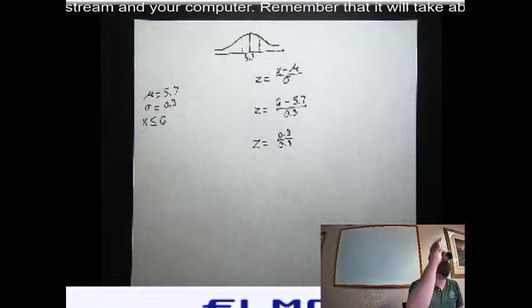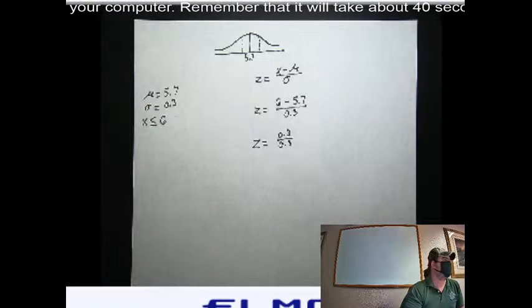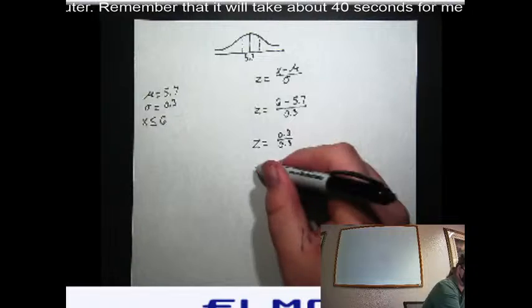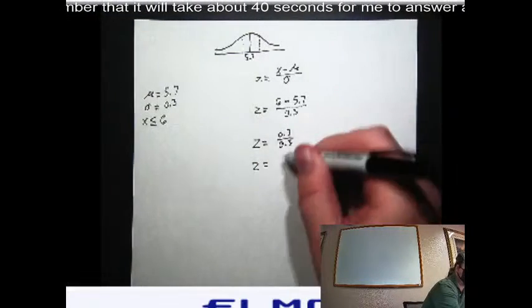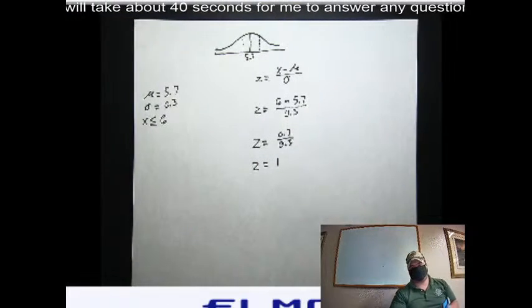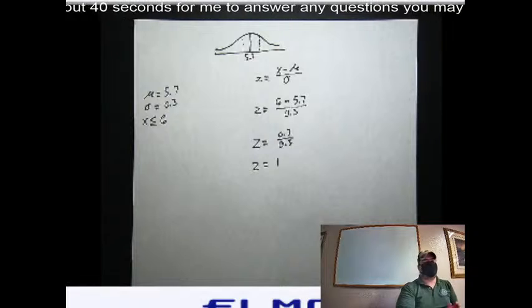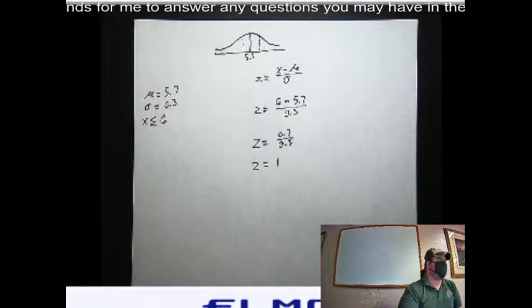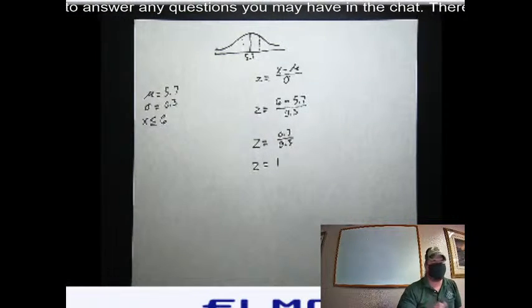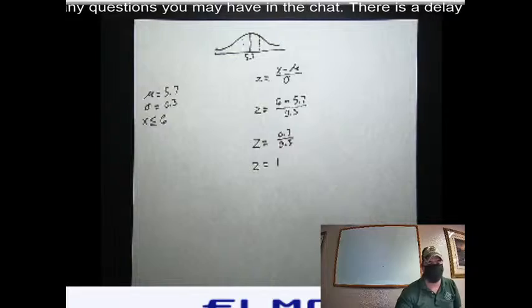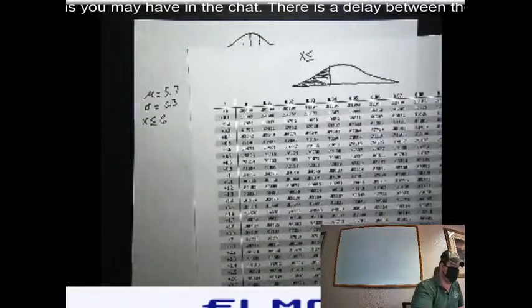Well, what does that mean we get? What's 0.3 divided by 0.3? 1. So our z-score comes out to be 1. All right, is this a positive or negative z-score? Positive, yeah. It's a positive 1, so we need our positive z-table.